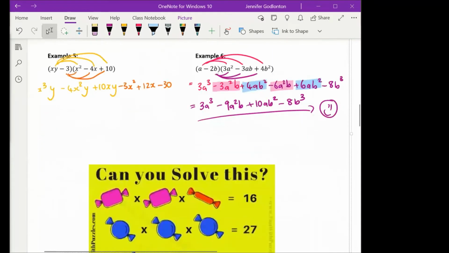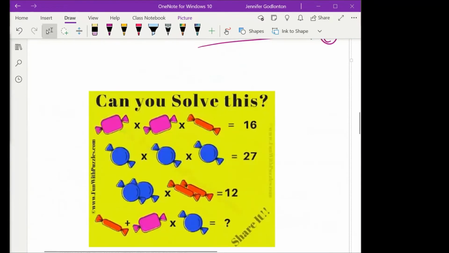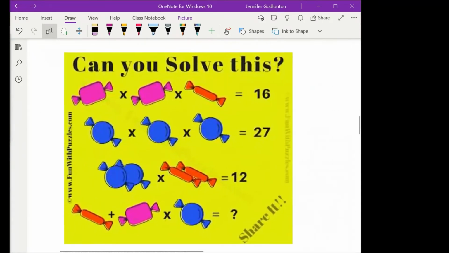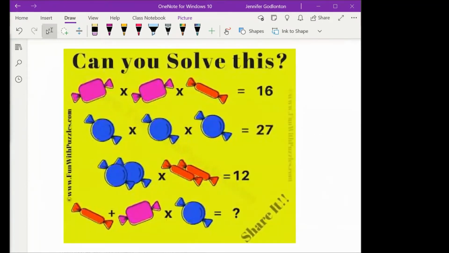Okay, so we've got our puzzle today. It's a sweet puzzle. Let's see how we go. I can go back to example 4 if you need.